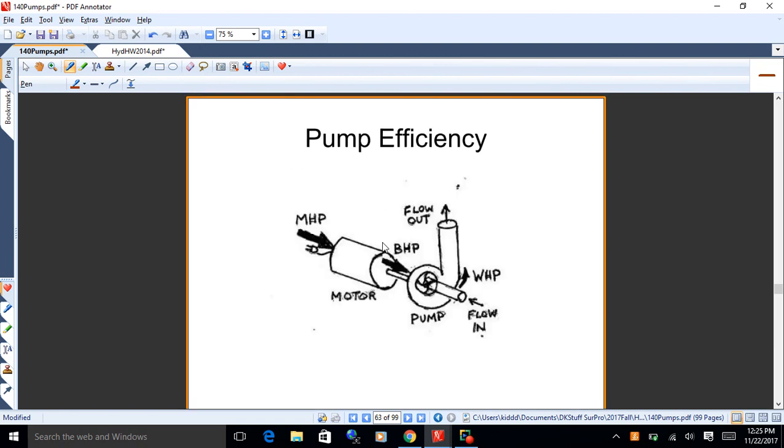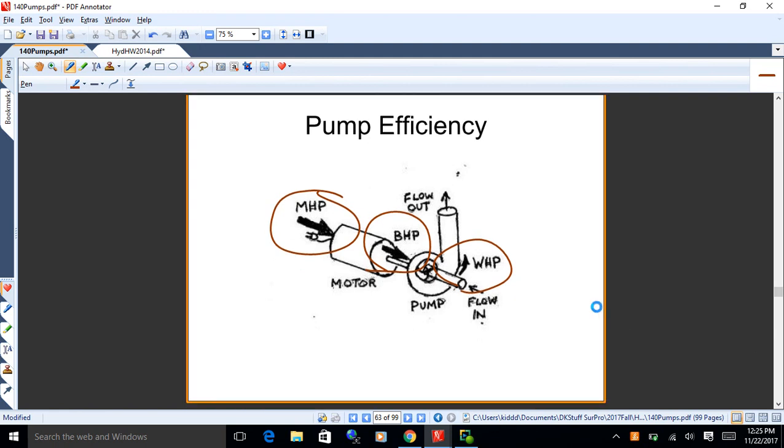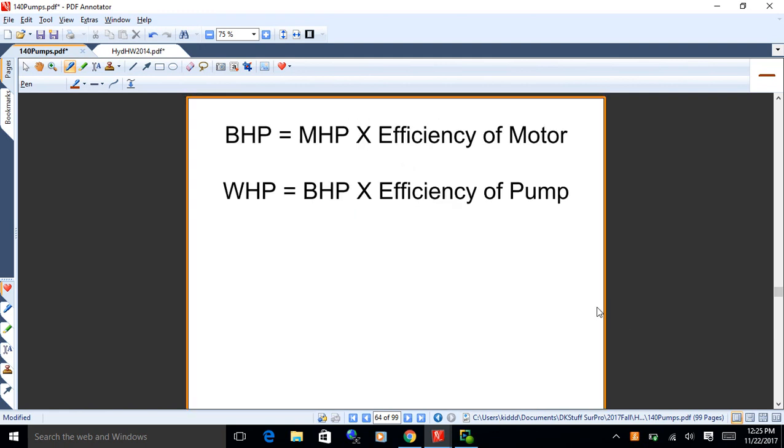So every step of the way, the power is decreasing as you go through the system because you got these efficiency losses. Okay, so the brake horsepower is the motor horsepower times the efficiency of the motor, and the water horsepower is the brake horsepower times the efficiency of the pump.